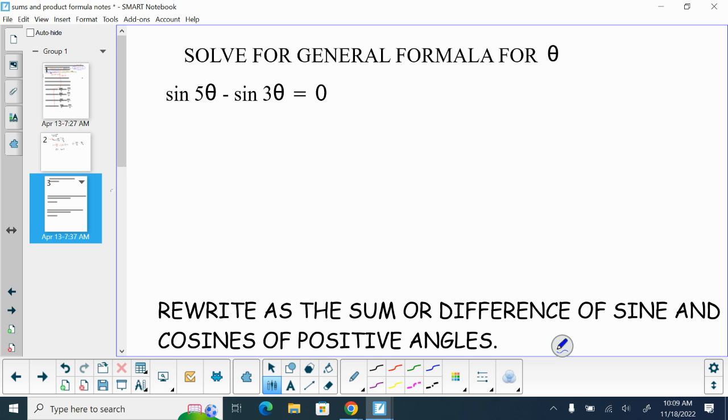So what I want to look at is the left-hand side. Do I have the sine of something minus the sine of a second thing? Yes. We have the sine of x minus the sine of y.